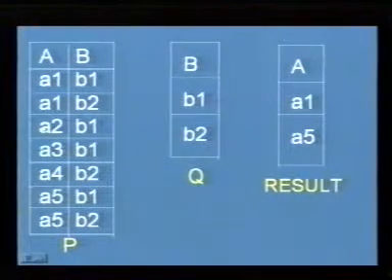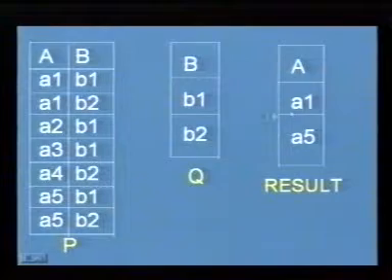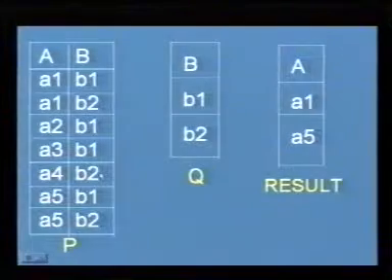Whereas A2 is associated with B1 but is nowhere associated with B2 and therefore it does not fall in the result. A3 is associated with B1, it is not associated with B2 and therefore it is not in the result. A4 is associated with B2 but is not associated with B1 and therefore again it is not in the result.